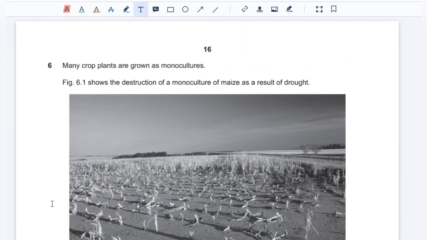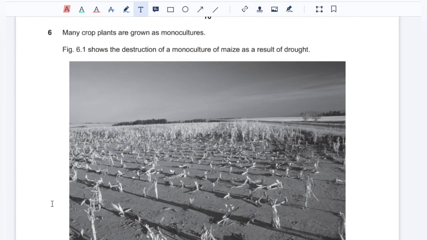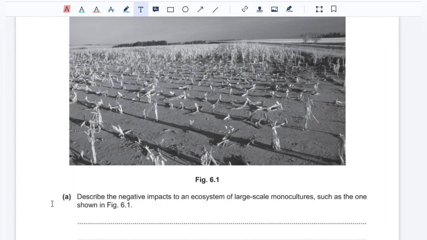Question 6. Many crop plants are grown as monocultures. Figure 6.1 shows the destruction of a monoculture of maize as a result of drought. A. Describe the negative impacts to an ecosystem of large-scale monocultures, such as the one shown in Figure 6.1. Monoculture in crops would mean growing many of the same plant species in one field area.